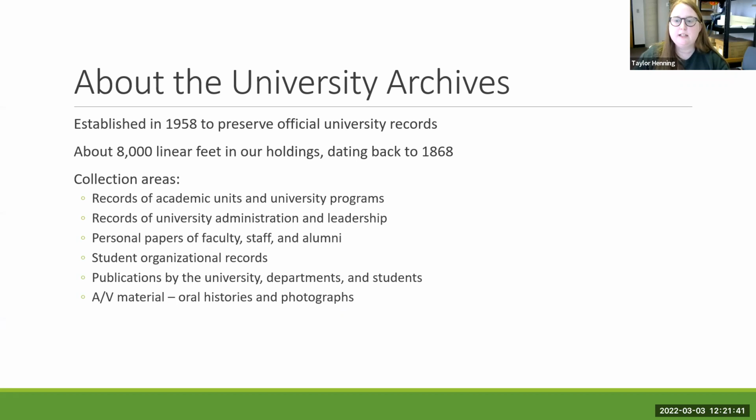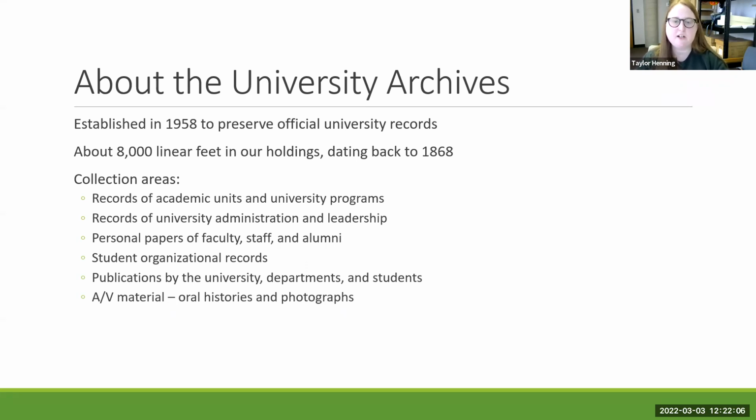We also collect personal papers of faculty, staff, and alumni. This includes everything from biographical information to research records, to records documenting student experiences: students, alumni, their time as a student, and sometimes their time in the community and the work that they've done in the community.